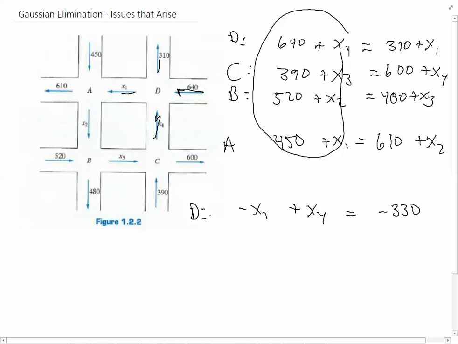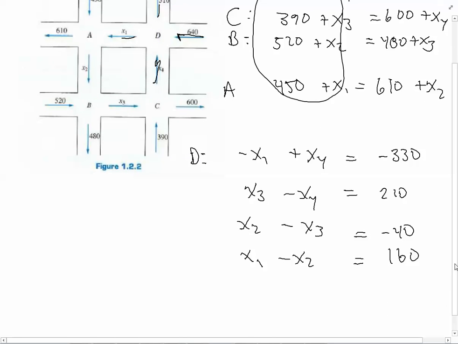Similarly, x3 minus x4 equals 600 minus 390, which is 210. For the third equation, x2 minus x3 equals 480 minus 520, which is negative 40. And finally, x1 minus x2 equals 610 minus 450, which is 160.